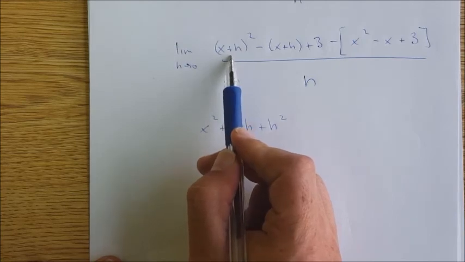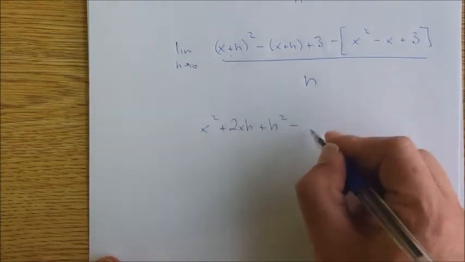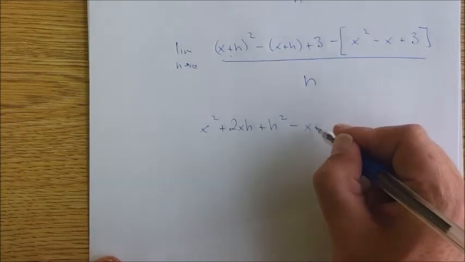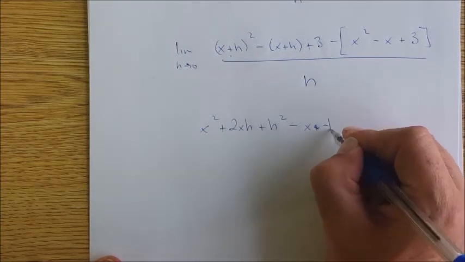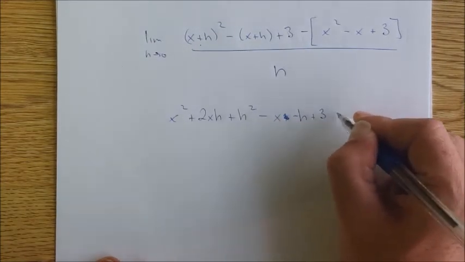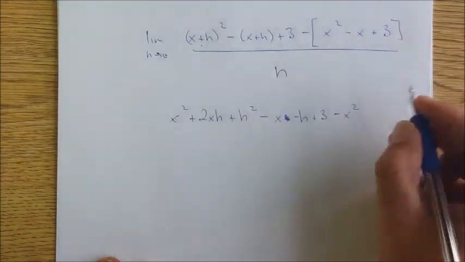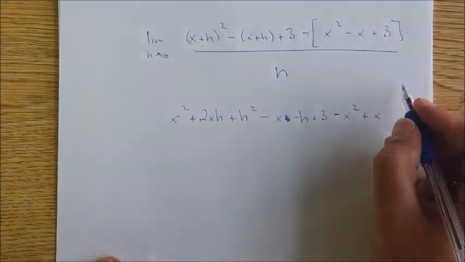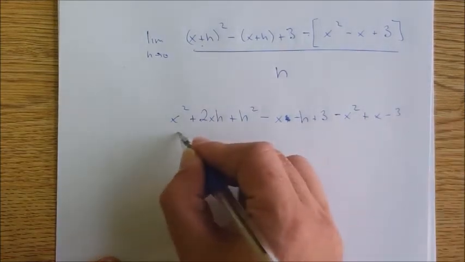Foil. First, outside, inside, last. Good. Minus x plus, sorry, you're subtracting the whole thing, so you're minusing your x and you're also taking away the h. Apologies all around. Plus the 3 minus the x squared minus the negative, so plus the x, right? We're taking that away, and then we're taking away the 3. So that's just minus 3, divided by h.